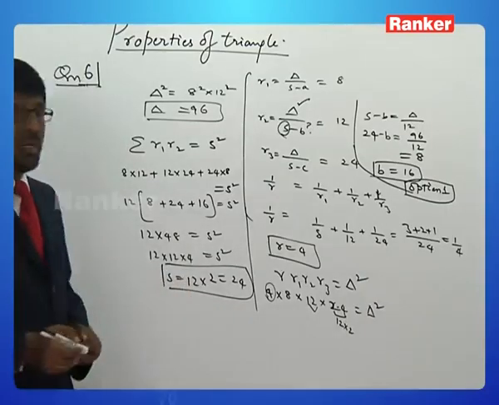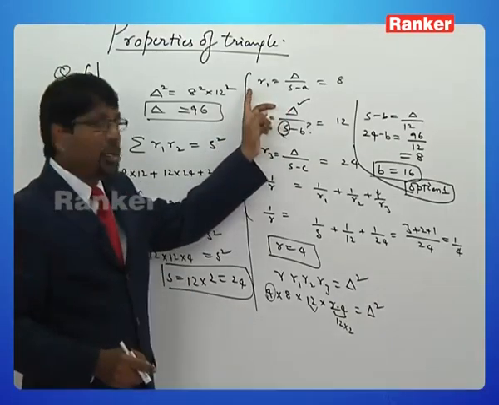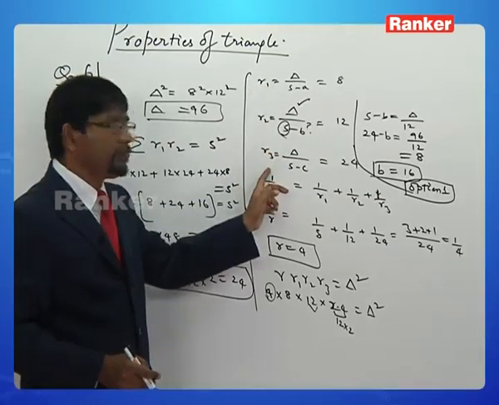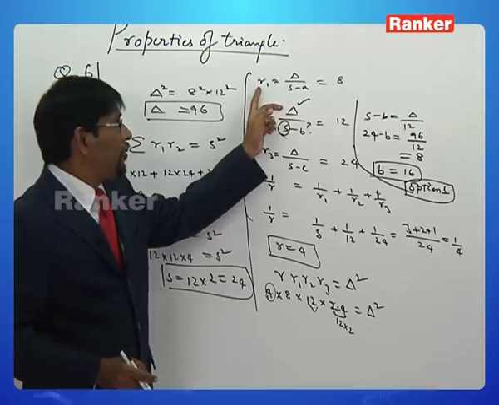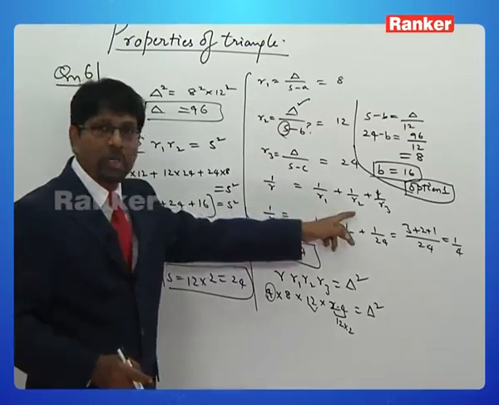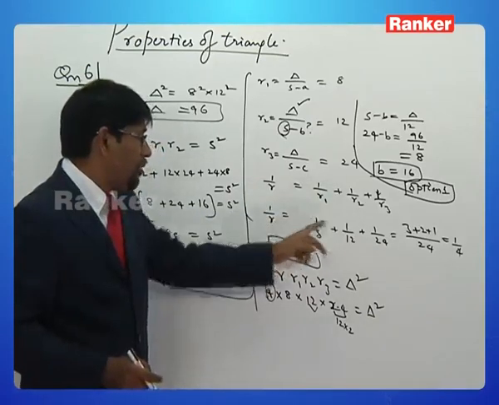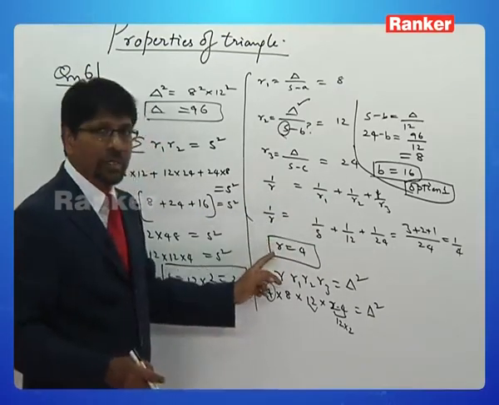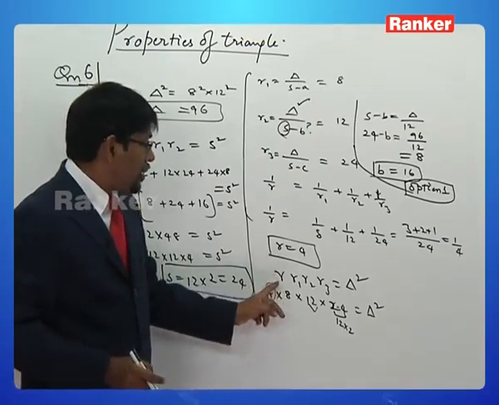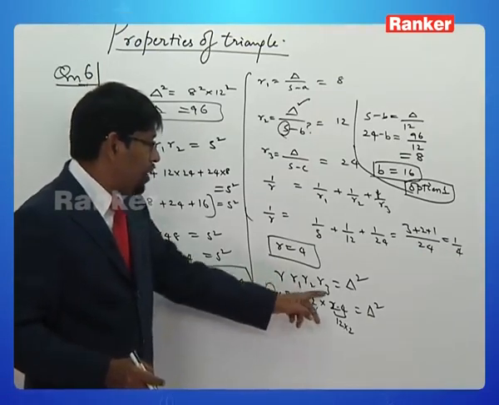Here, let's observe one thing. We had R1, R2, R3. So 1 by R is equal to 1 by R1 plus 1 by R2 plus 1 by R3. So I have written that 1 by R and got the value of R. And now I am multiplying with R1, R2, R3. R into R1, R2, R3 is delta square.